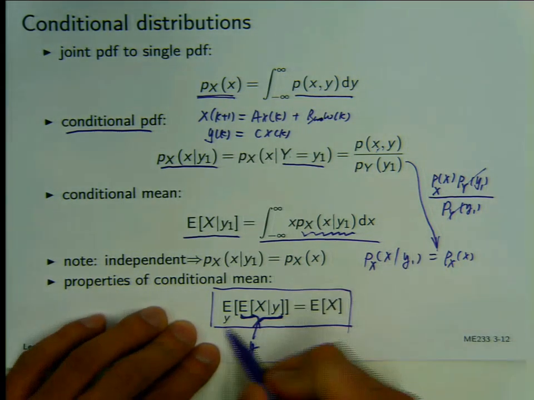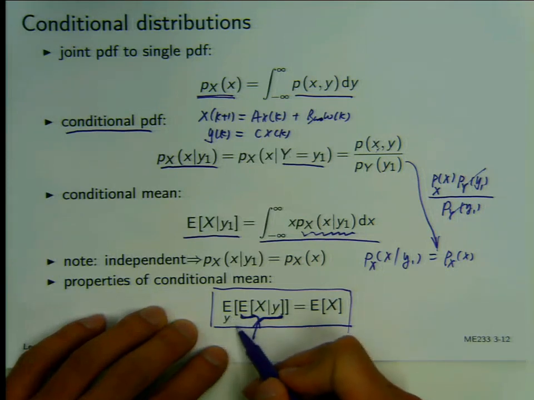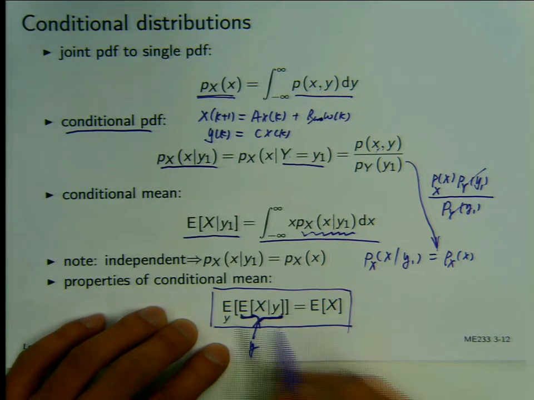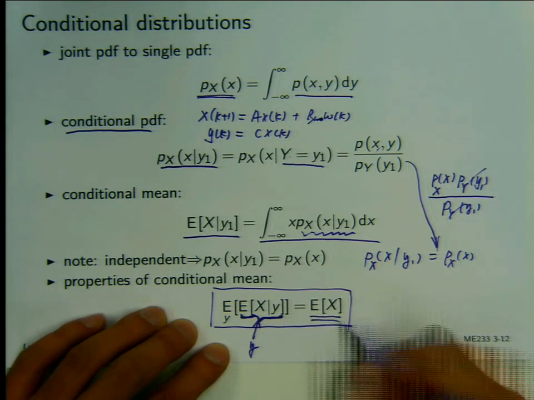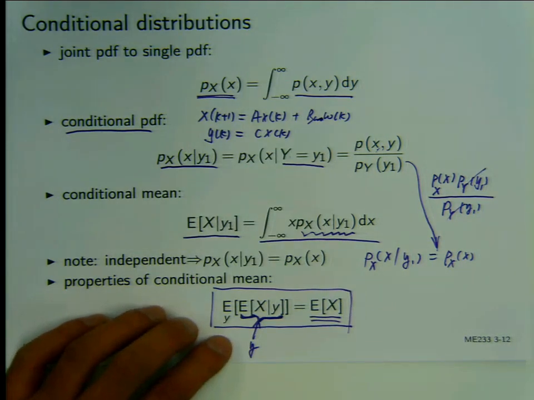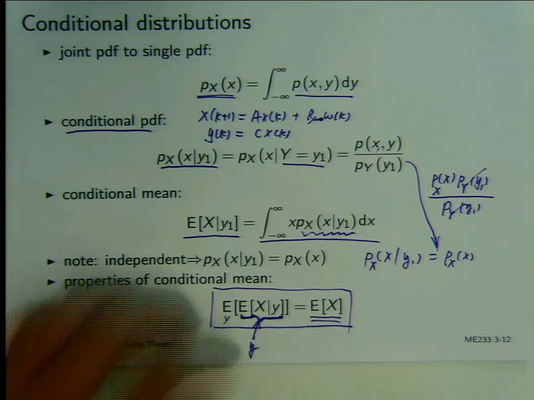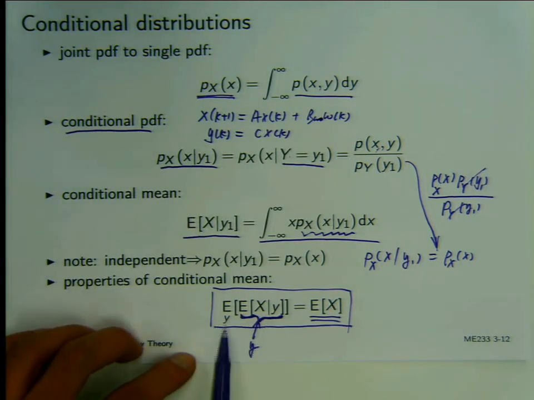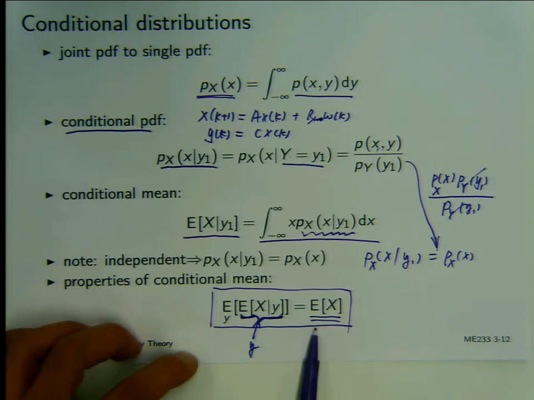Now, if I take one more expectation with respect to Y, you can verify that this thing equals the expected value of X. So if you average out the information of X in the first step, and then average out the information of Y in the second step, you get the average behavior of X. So you can verify this.